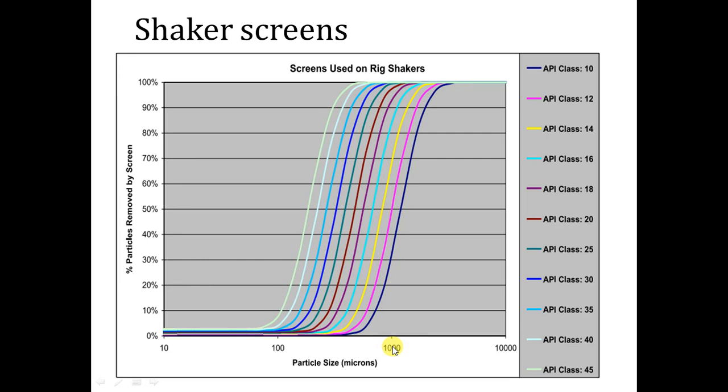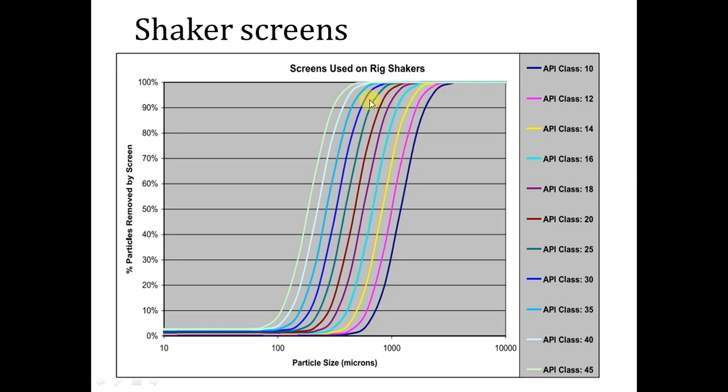This means that if you put these screens on the shale shaker, when the solids come with different sizes, all the sizes less than 1000 will pass through the screen. At 1000, for sure at a different percent, 60% will be separated and only 40% will pass through the screen.